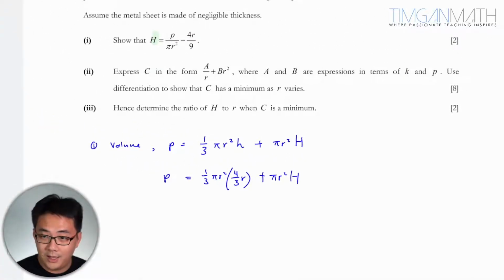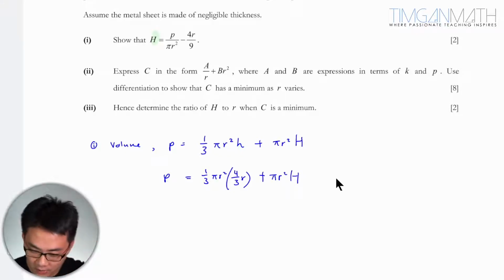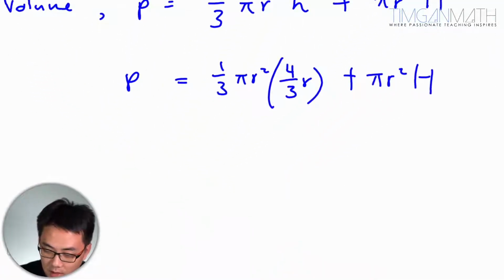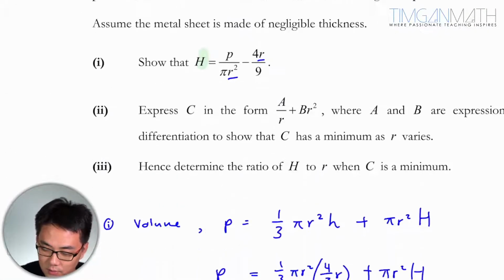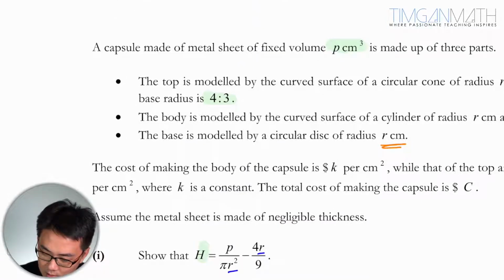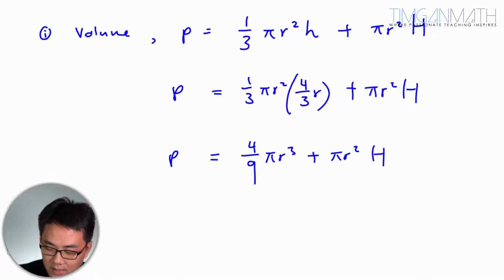Once you have that, what you're going to do next is make H the subject. Because h is in terms of r, we already have P. So here we'll get 4/9 pi r cube plus pi r square H equals P. I'm going to divide both sides by pi r square.